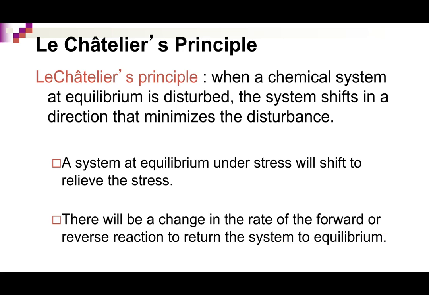So the rate of the forward or the rate of the reverse will be affected. But once this equation finds its new equilibrium, it finds its new horizontal, that equilibrium will be reestablished, and so it will return to that horizontal place. But we're going to be able to predict how it shifts. Okay.